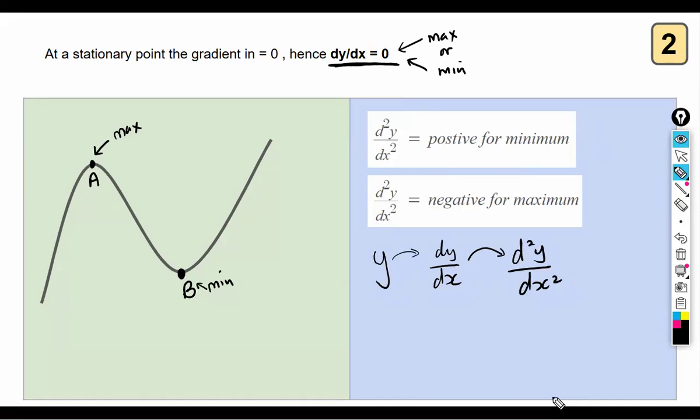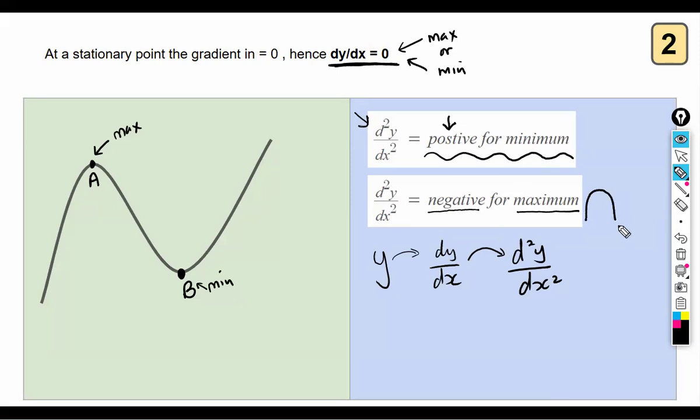If you work out d squared y/dx squared and you get a positive value, the point is a minimum point. If you get a negative value, it means I'm talking about a maximum point.